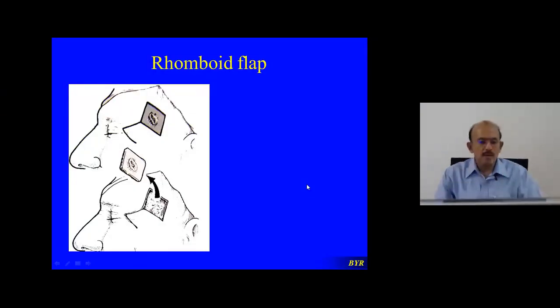This is a rhomboid flap, where a square of tissue is removed. There is an ulceration here, so a square of tissue is removed. And again, you construct another rhomboid here.